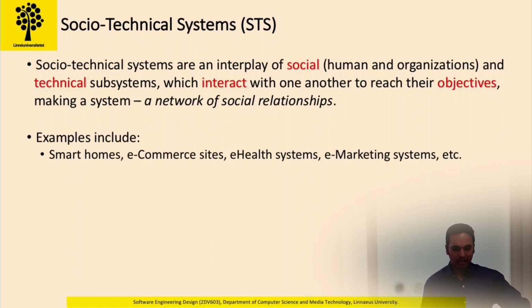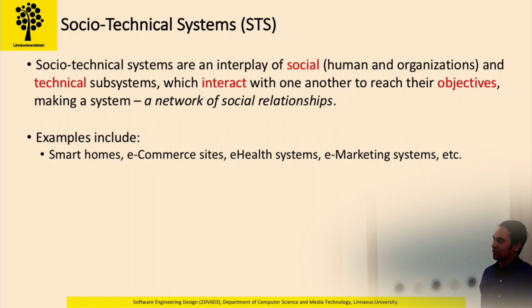Whatever we are purchasing online, whatever we are doing on the internet, whatever smart applications we are using at home, everything is an example of a socio-technical system, because there are two parts. One is the social part of the system, so the human or the agent who is interacting with the system, and then there is the technical part, which is the application itself. So it can be a website, it can be a device, or any other smart thing that we are using, let's say smart homes or e-commerce sites.